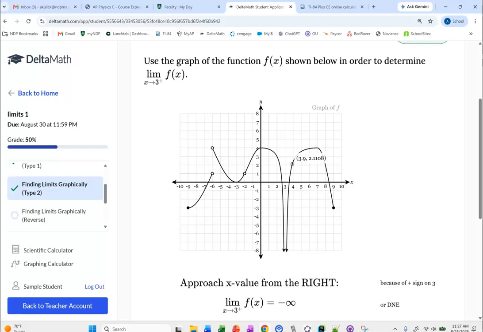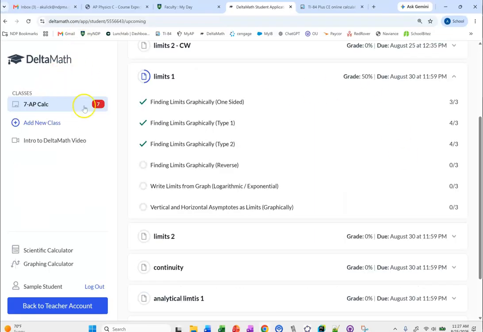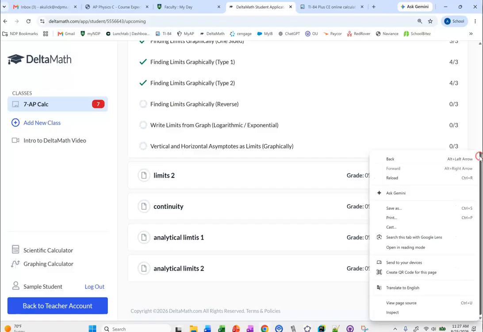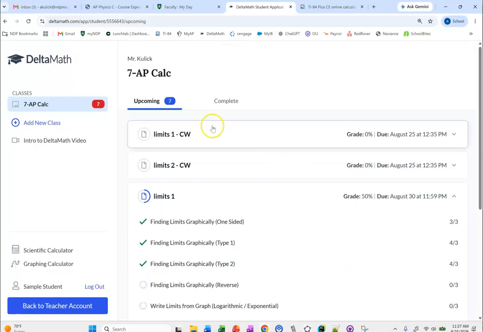So pull out your tablet, log into Delta Math, and complete the limits 1 classwork. Limit 1 CW is what you want to be working on right now.